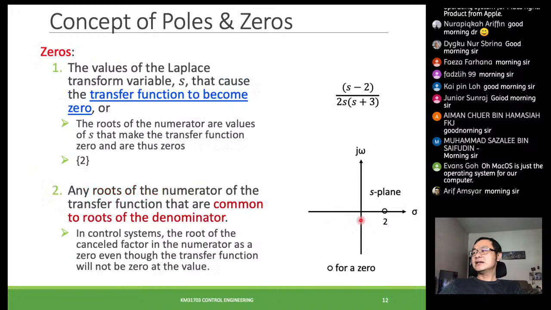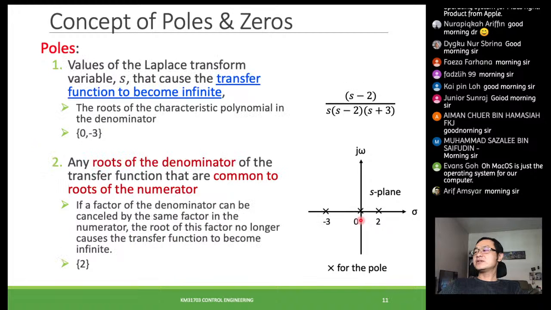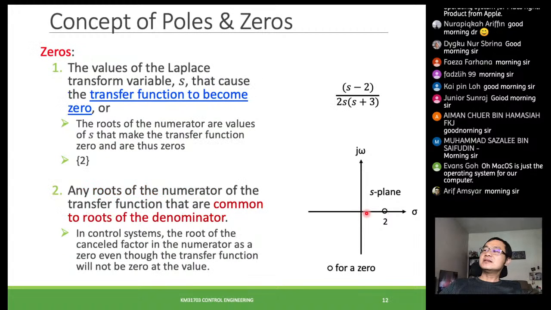Then second would be the zero, right? So for the pole we put an x, the small cross sign to represent the pole, whereas for the zeros, it is whatever values convert this transfer function to 0. Very straightforward. So meaning to say we are finding the roots of the numerator, okay? So here if we put 2, then our numerator will become 0 and our whole transfer function will become 0.